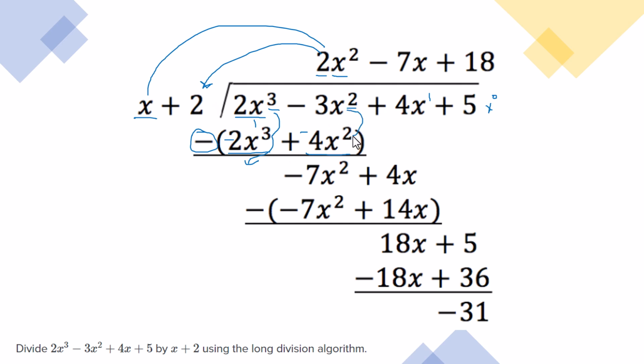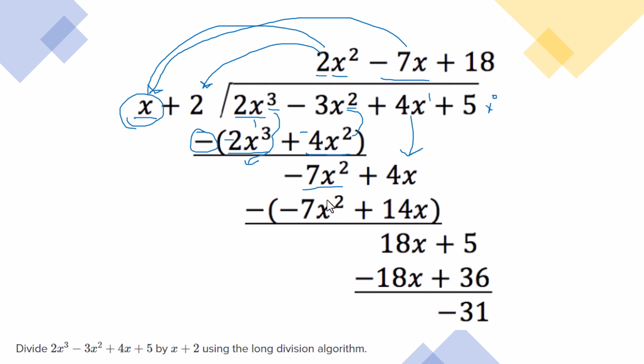Negative 3 plus a negative 4 is a negative 7x squared. Bring down the 4x, and then we'll do that all over again. What do you multiply x by to get negative 7x squared? You multiply by negative 7x. It's kind of a check when you do this.